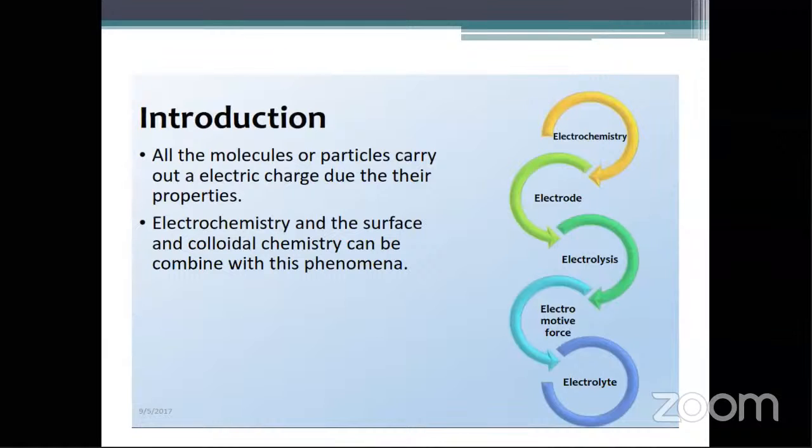The stability of colloid completely depends on this phenomenon, that is electrical double layer, or the charge present on the surface of that electrode, or in cases of solid surface, the charge present on the solid surface and liquid interface.